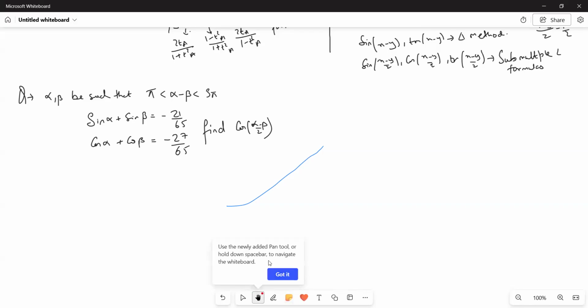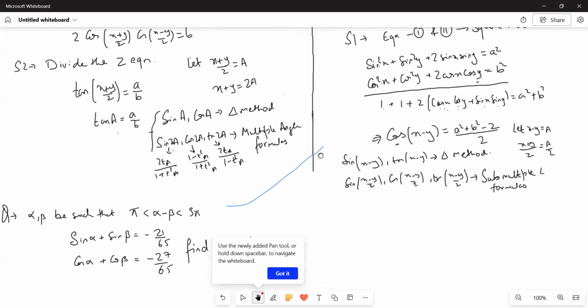So we're asked to find an alpha minus beta relation. So use the second method.